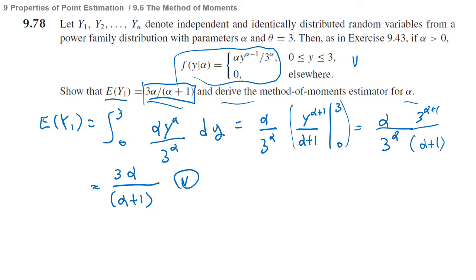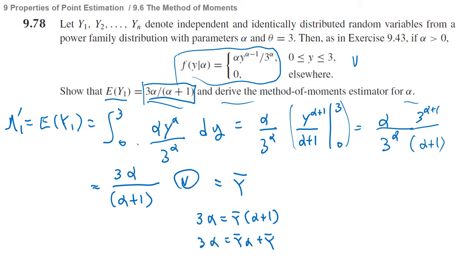So this is the same as this one, and so we showed that the expected value of y1 is this thing. To use the method of moment estimator, this is mu1 hat, and we will put it equal to y bar, and so 3 alpha equals y bar times (alpha plus 1). This is y bar alpha plus y bar.